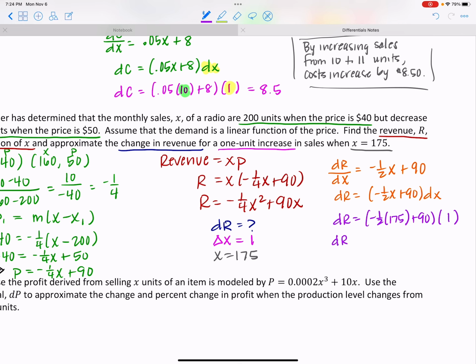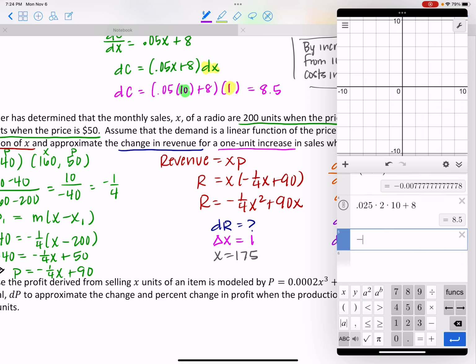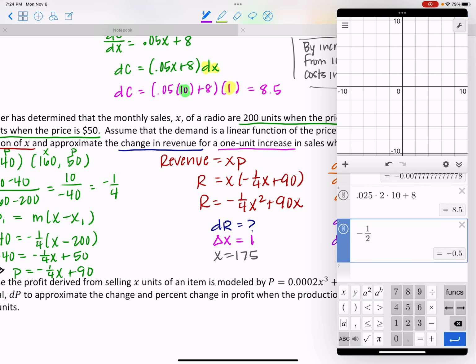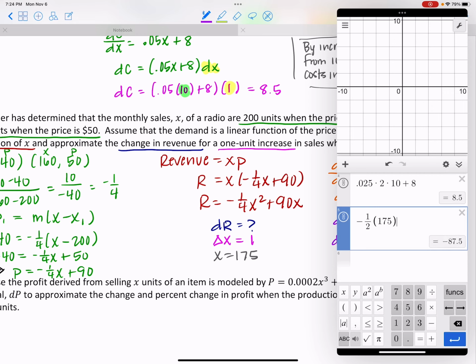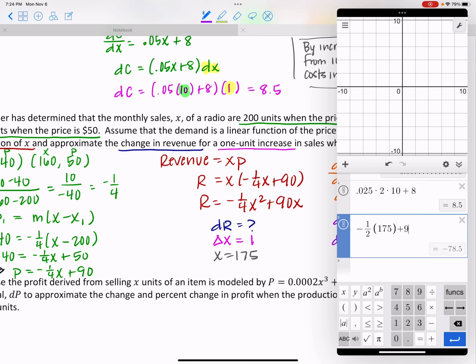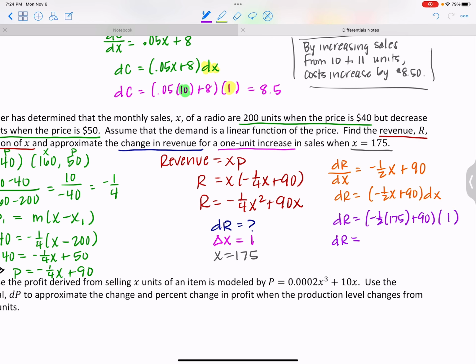And now we know dr, when we go to the calculator, half of 175 plus 90 is going to be what, like 250? Don't try to hurt yourself like I'm trying to do here. Oh, yep, I was right. I'm like 3 for 3. Okay, so 250 there.